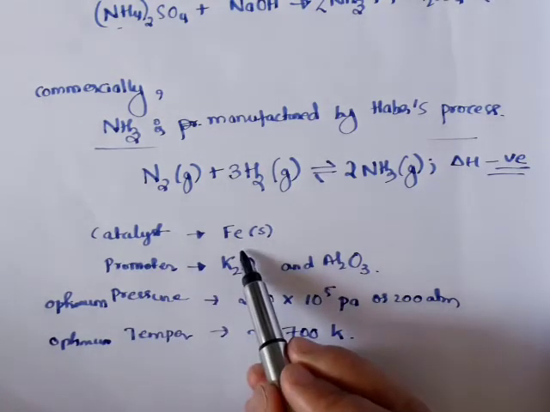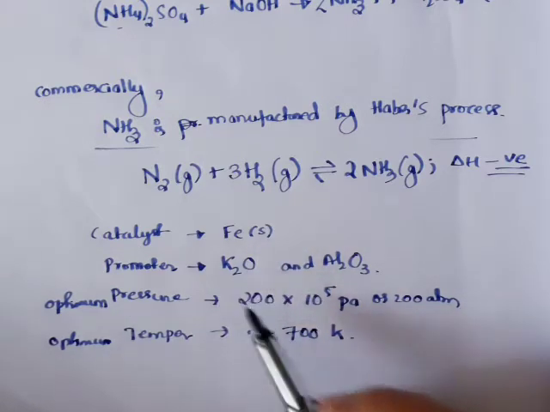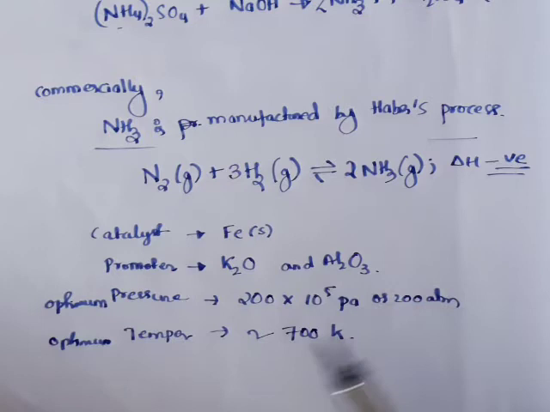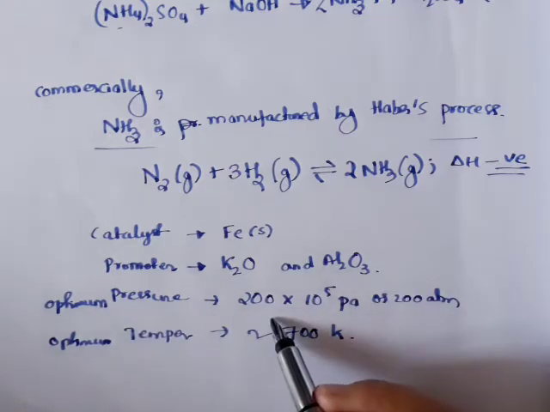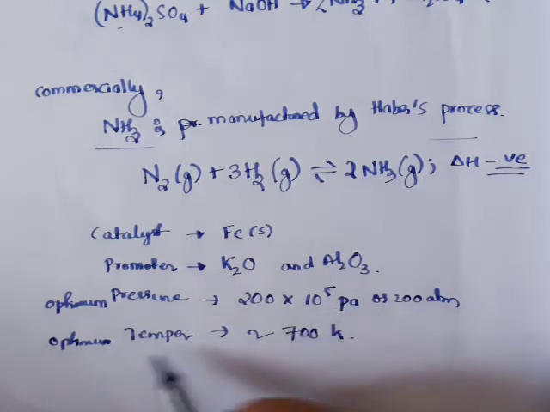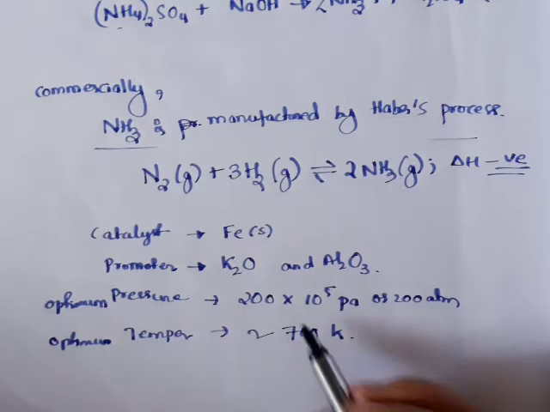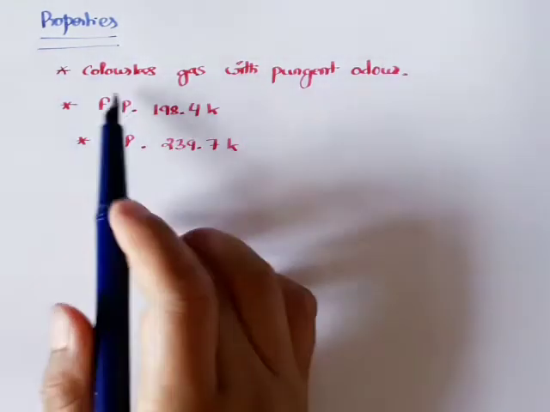So the catalyst used is iron, the promoter is potassium oxide or aluminum oxide or molybdenum oxide. The optimum pressure is 200 into 10 to the power 5 Pascal or 200 atmosphere, and the optimum temperature is approximately 700 Kelvin.